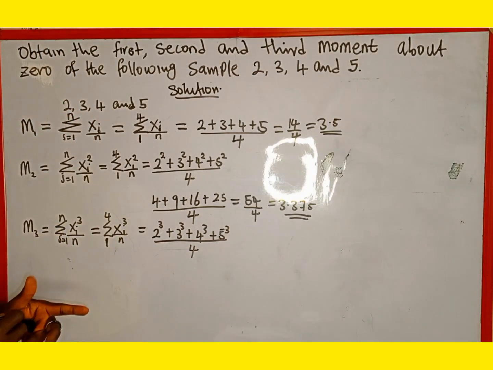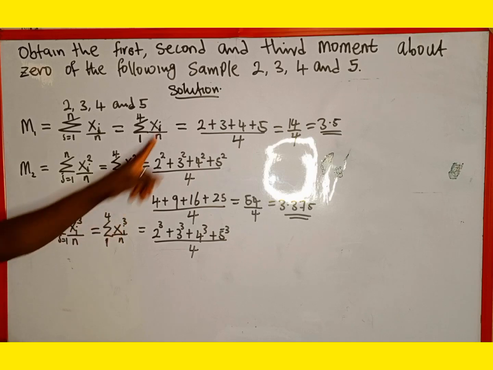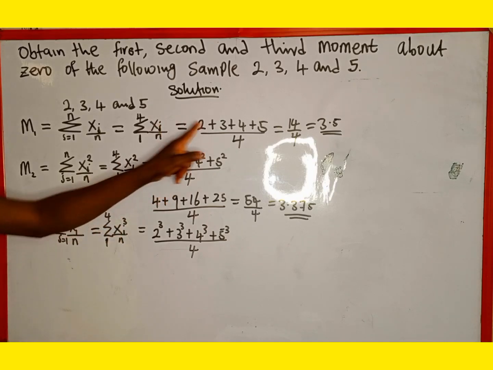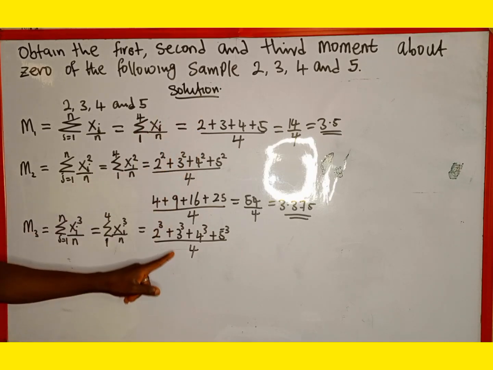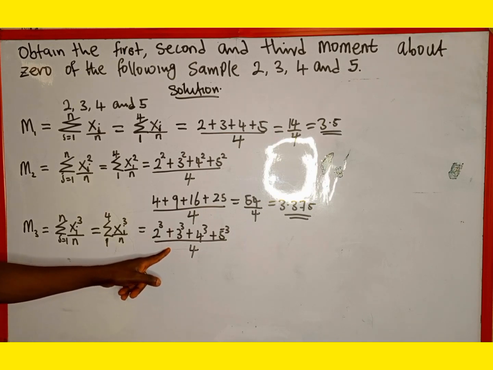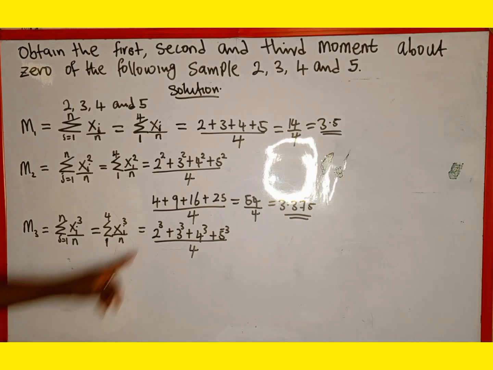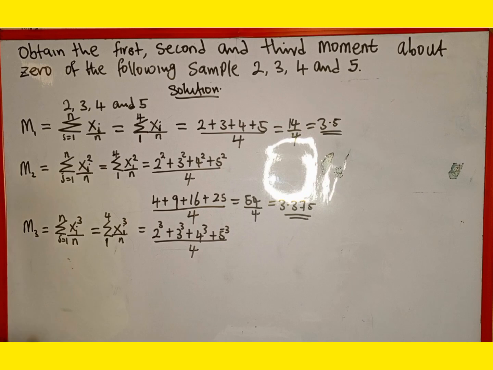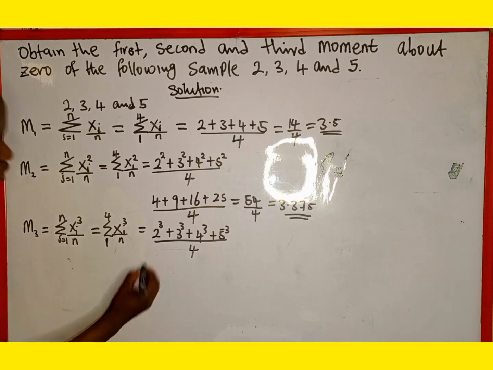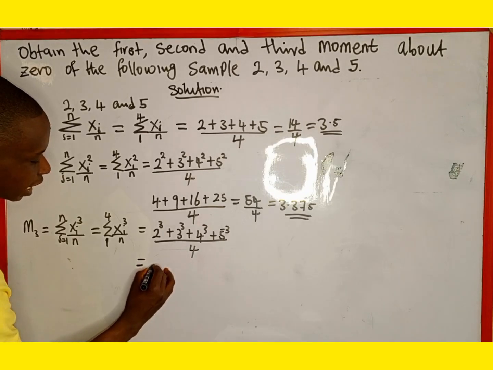So you look at how this data is going. The first moment is raised to the power of 1, the second moment is raised to the power of 2, and the third moment is raised to the power of 3. So now 2 cube means 2 multiplied by 2 multiplied by 2, which is going to give us 8.